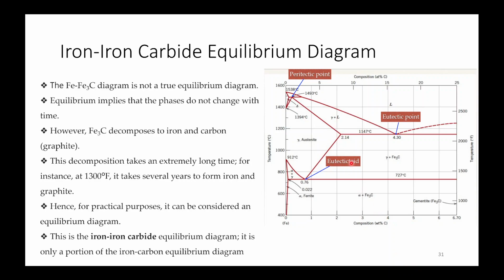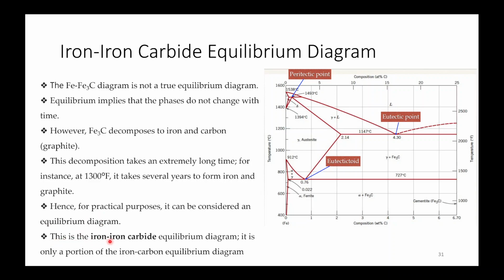However, Fe3C decomposes to iron and carbon in the form of graphite. This type of decomposition takes place over an extremely long time. For instance, at 1300 degrees Fahrenheit, it takes several years to form iron and graphite, and hence for practical purposes it can be considered an equilibrium diagram.